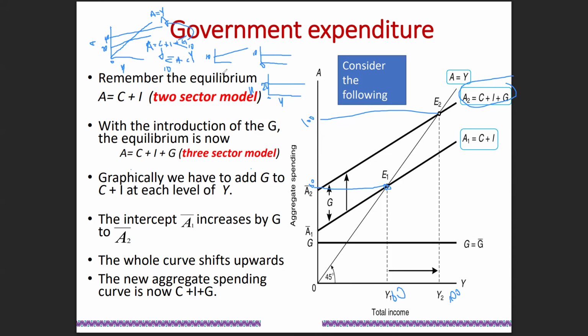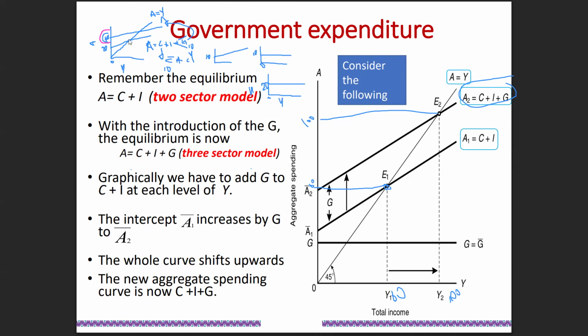And you can also see that because we have added the government, our curve shifts from 20 to 40. Now it's starting here at 40, to show that our autonomous components have increased by 20, because 40 minus 20 gives you 20.